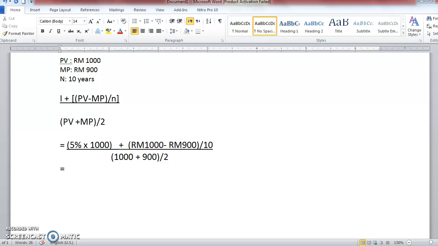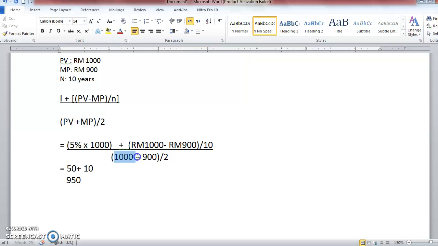So, ke atas ni tadi, 50. Kan? 5% darab 1000 dapat 50. Plus, this one tadi kita calculate dah. Kita dapat 10. Kan? 1000 tolak 900 bahagi N 10. You dapat 10. And then, bahagi dengan 950.